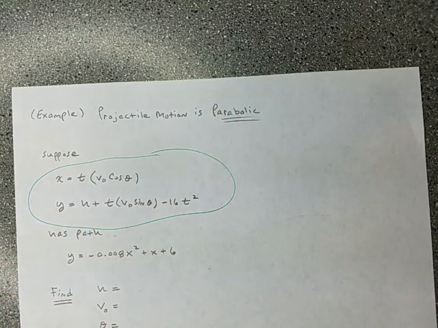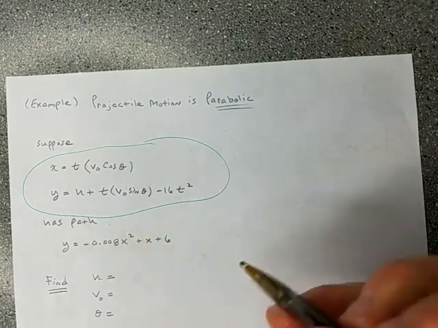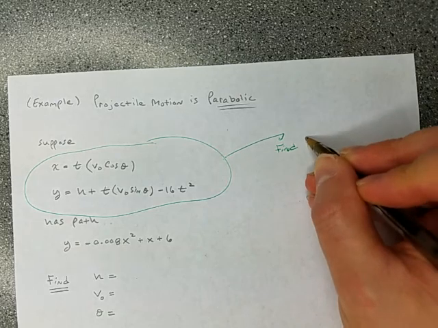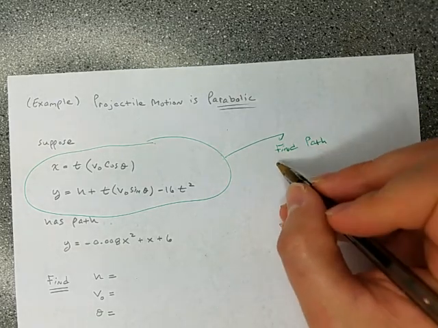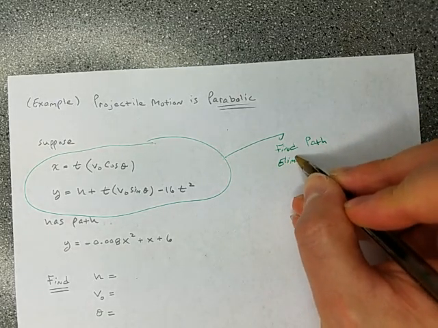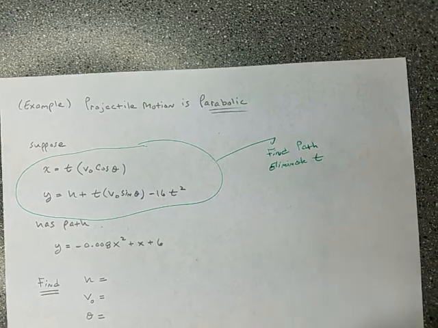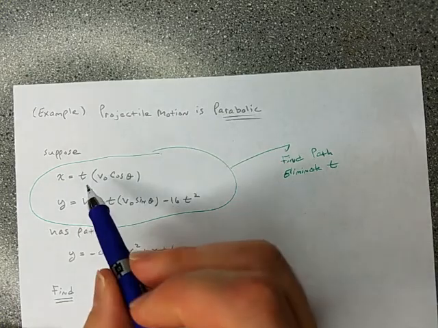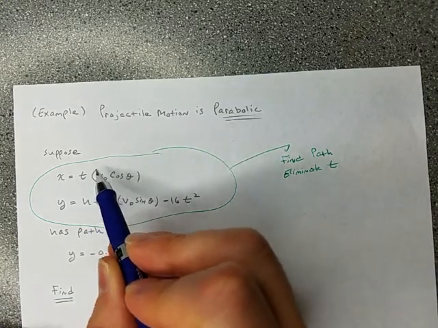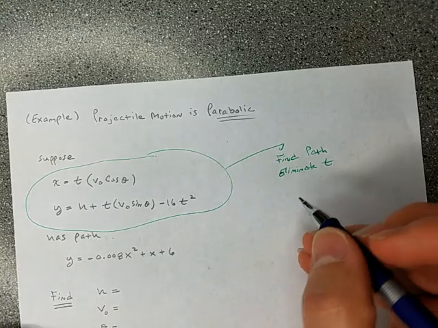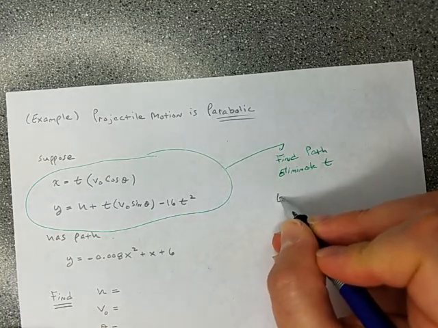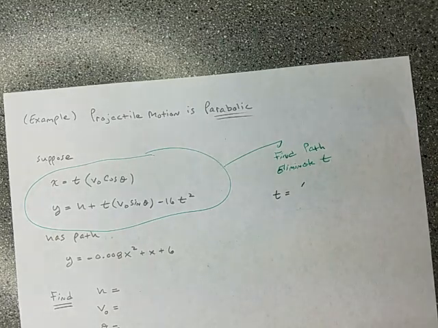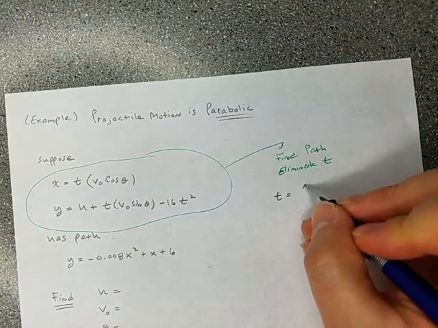Let's take this approach. How would we ordinarily get the path of some parametric equations? We would say we could find the path by eliminating t. That's how we've done it before, and that's still how we can do it here. So I can eliminate t fairly easily. I can say divide this by v naught cosine theta, so t is x over v naught cosine theta.